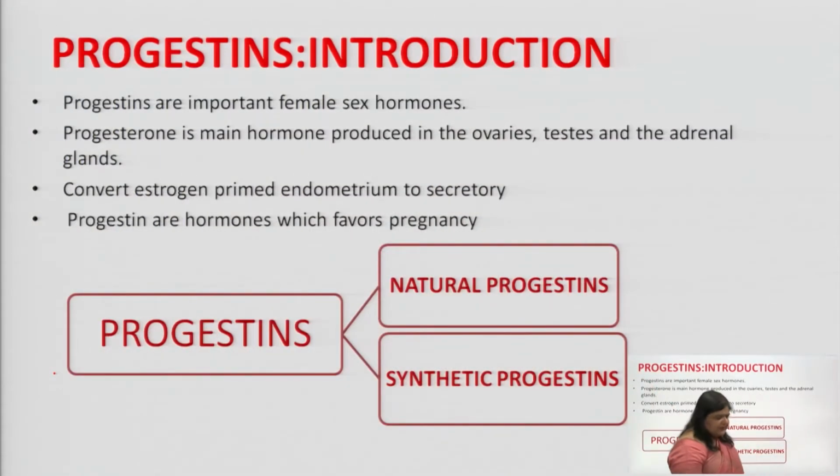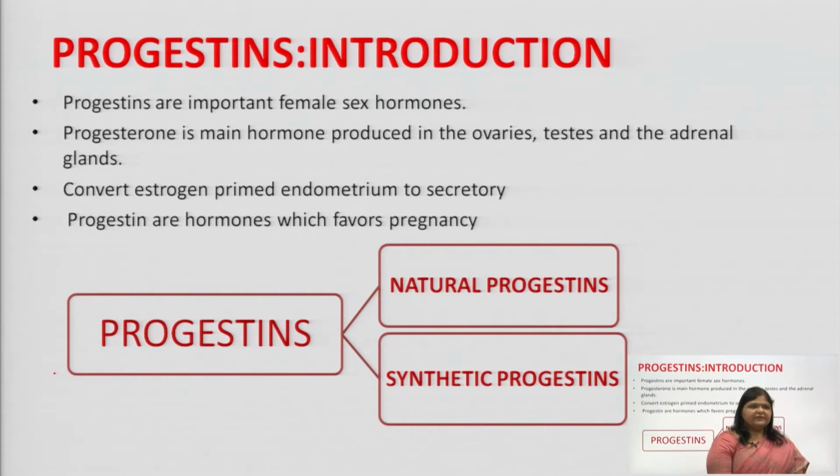Now, these progestins are again one of the important female sex hormones, produced in the ovaries, and also in the testes and the adrenal glands. The primary function of these progesterones or progestins is to convert the estrogen-primed endometrium to the secretory one so that it can maintain the pregnancy.